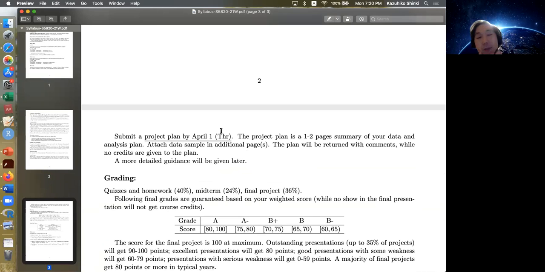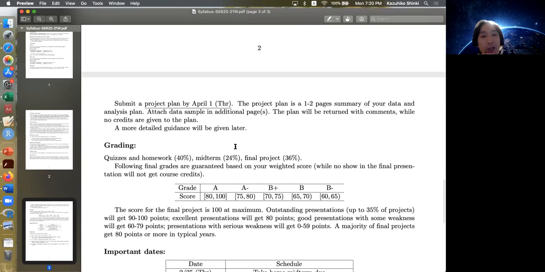And submit a project plan by April 1st. The project plan is just a 1-page summary of your data and analysis plan. I will provide the details later, and you can also attach a data sample. The plan will be returned with comments, while no credits are given to the plan.